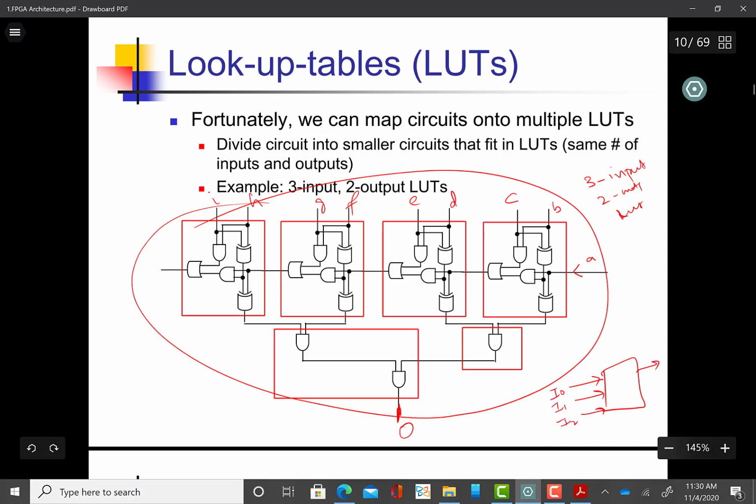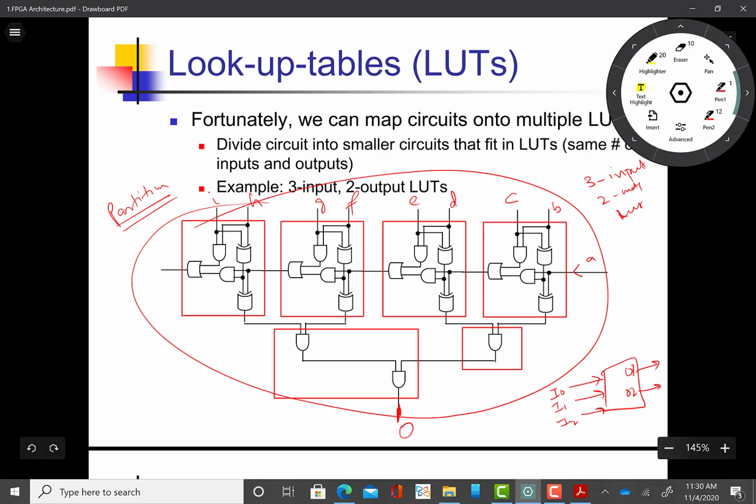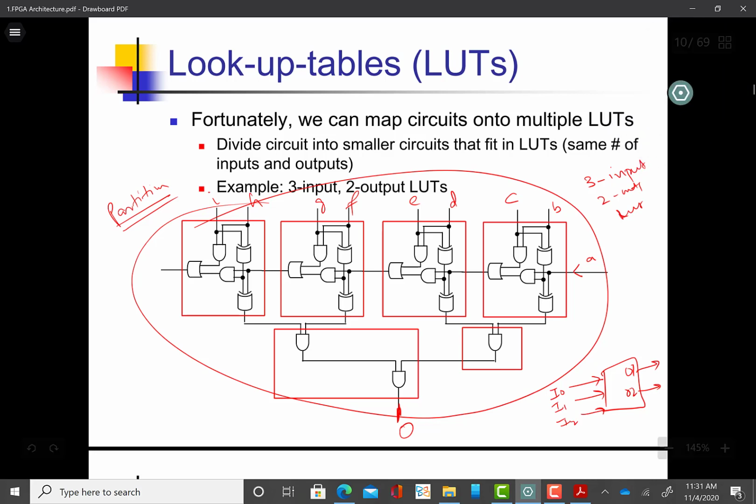It has 3 inputs and it has 2 outputs. Then what we need to do is partition our circuit into a feasible structure that has the number of inputs less than or equal to 3.